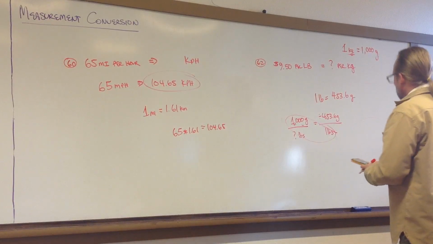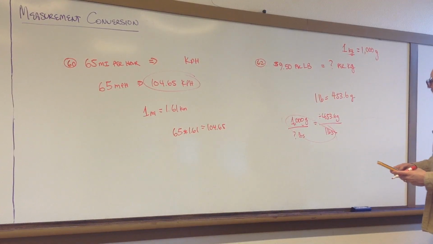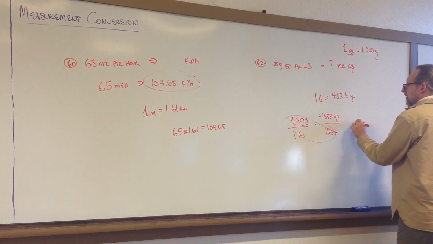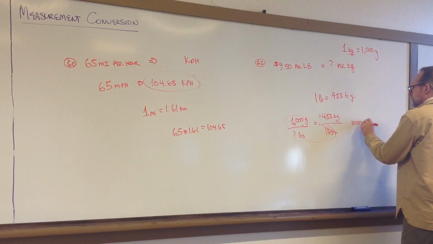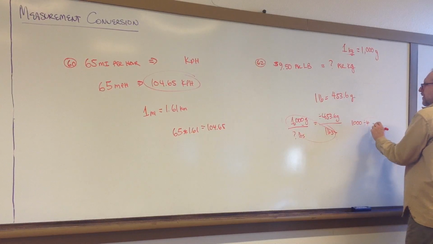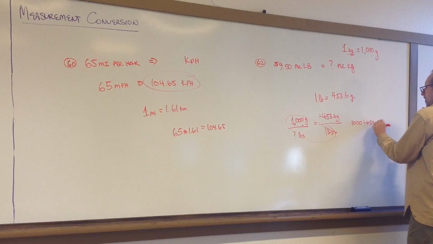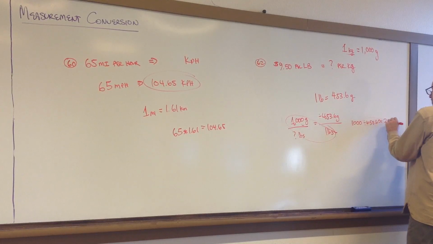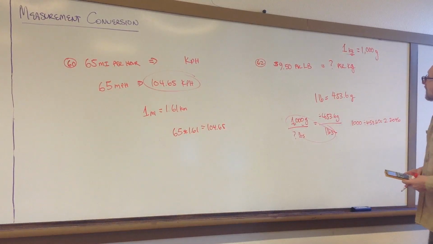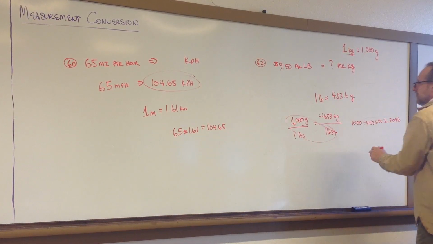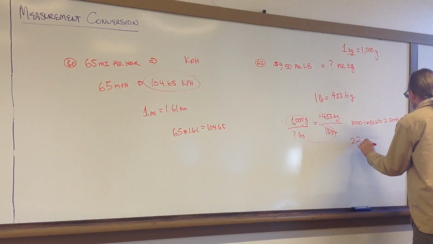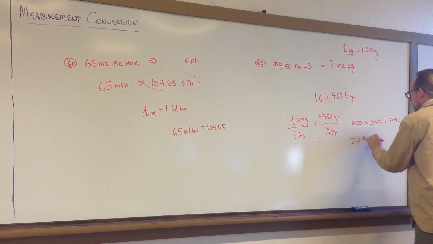And what do we get? 1,000 divided by 453.6 comes out to about 2.204. Okay, so that's saying that 1 kilogram is about 2.2 pounds.